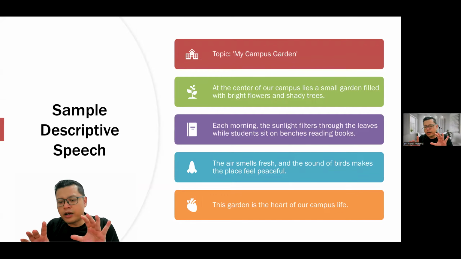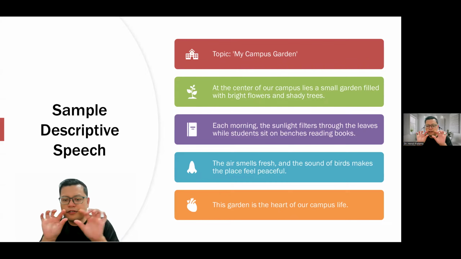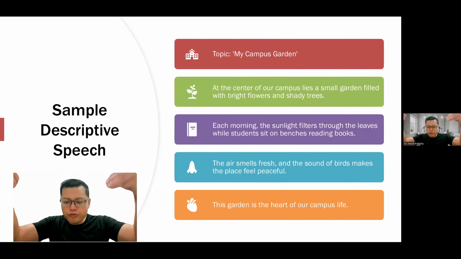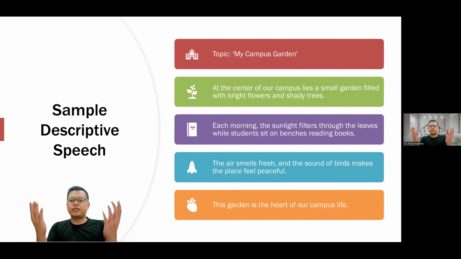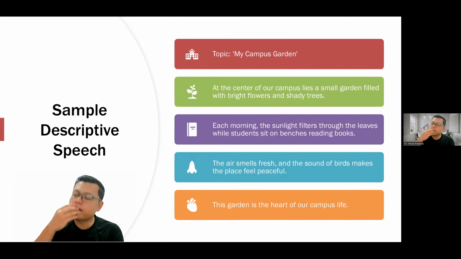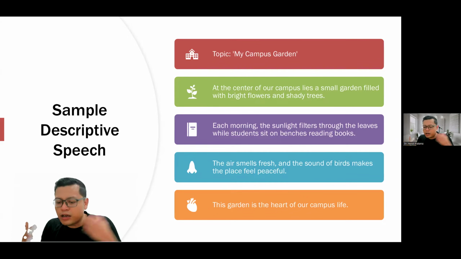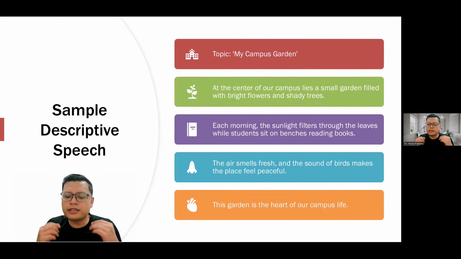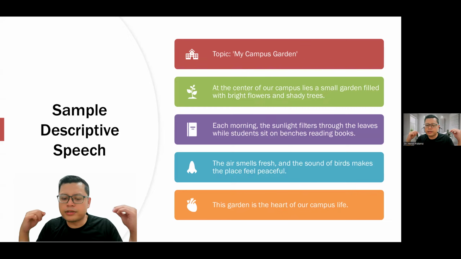At the center of our campus lies a small garden filled with bright flowers and shady trees. Each morning, the sunlight filters through the leaves while the students sit on the benches and read books. The air smells fresh, and the sound of birds makes the place feel peaceful. This garden is the heart of our campus life.